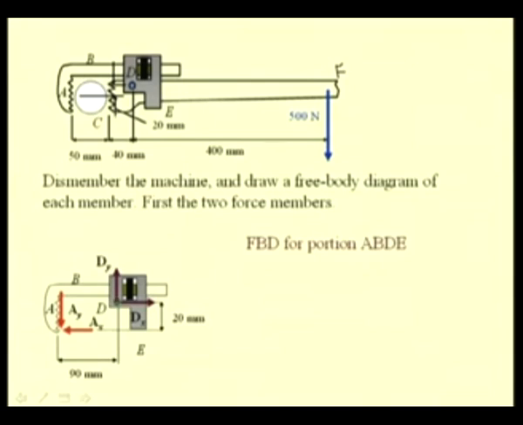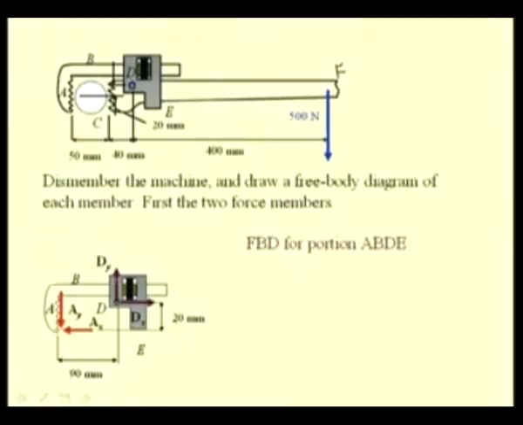Because we see that this member CDF is a multi-force member, because forces are applied at this point C, at this point D as well as at this point F. Since this member is a multi-force member, the force at D is both of unknown direction as well as unknown magnitude. So, that is why we represent both the components Dy and Dx at D.